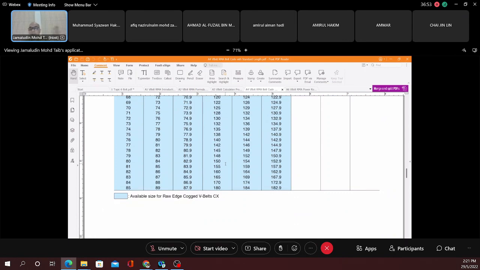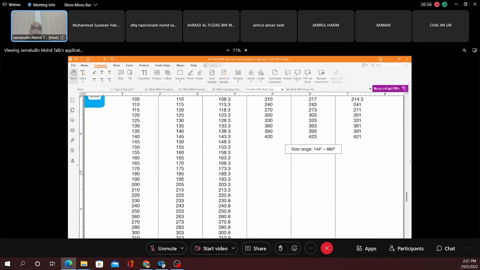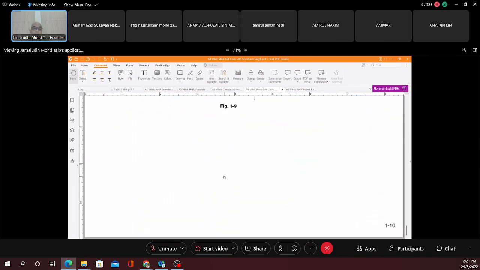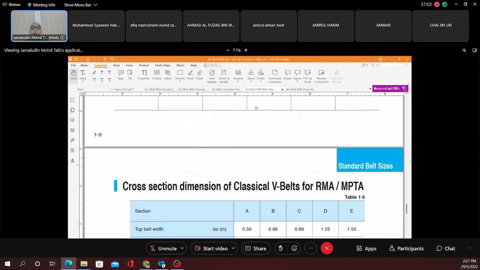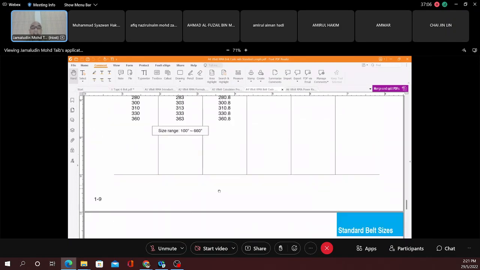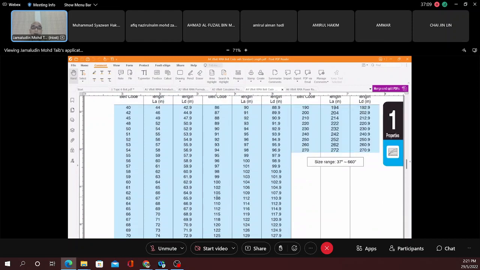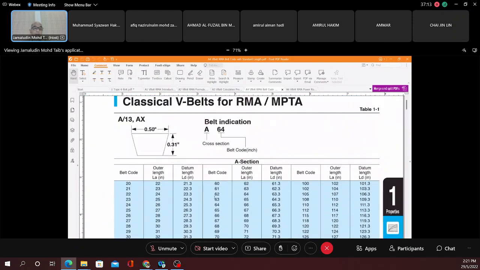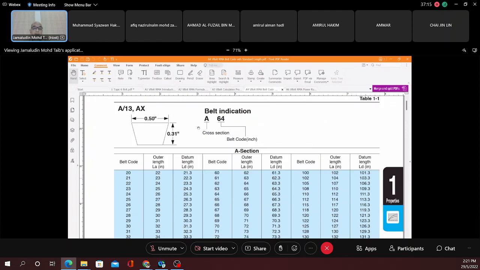Remember I mentioned the A, B, C, D and E types. This is the power. Oh, this is not power, this is the length. Sorry, this is the length, and this is what I mentioned just now. For example, let's say we have A64.